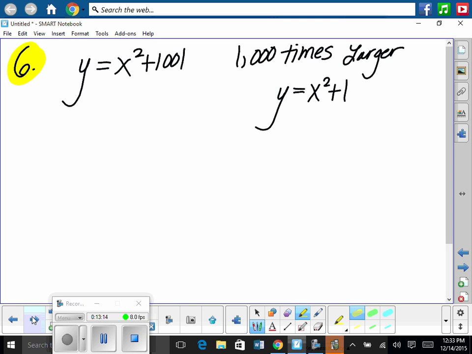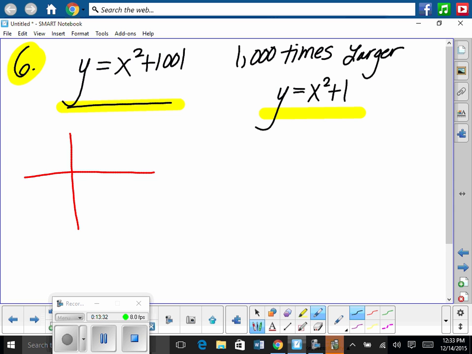It says, a student says that the graph of the parabola y equals x squared plus 1001 is 1,000 times larger than the function y equals x squared plus 1. Well, why is that an error? Because if we think back to how quadratics work, this is actually our shift. Since it's not being added inside with x, and since it's not being multiplied to x squared, it's just being added.